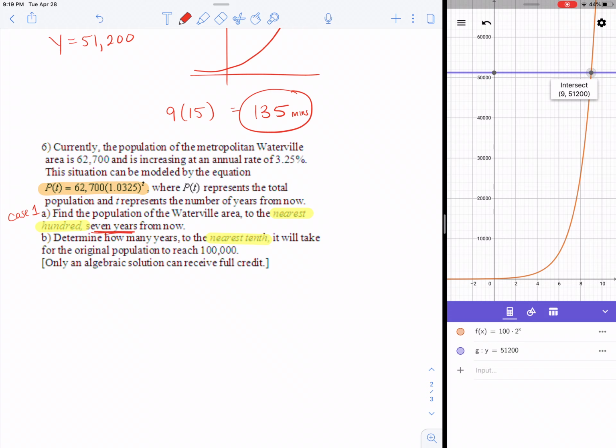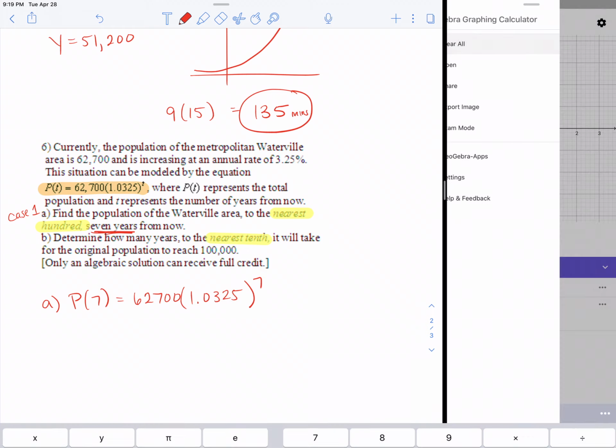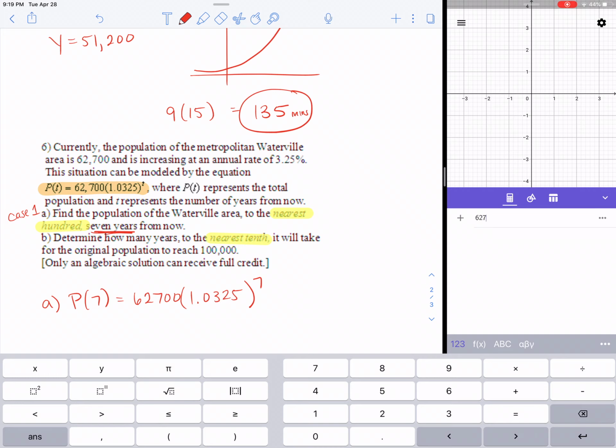So for that, I'm just going to plug in 7 for the T and find out the new population, and then I have to round. So clear that. 62,700 times 1.0325 to the 7th power.